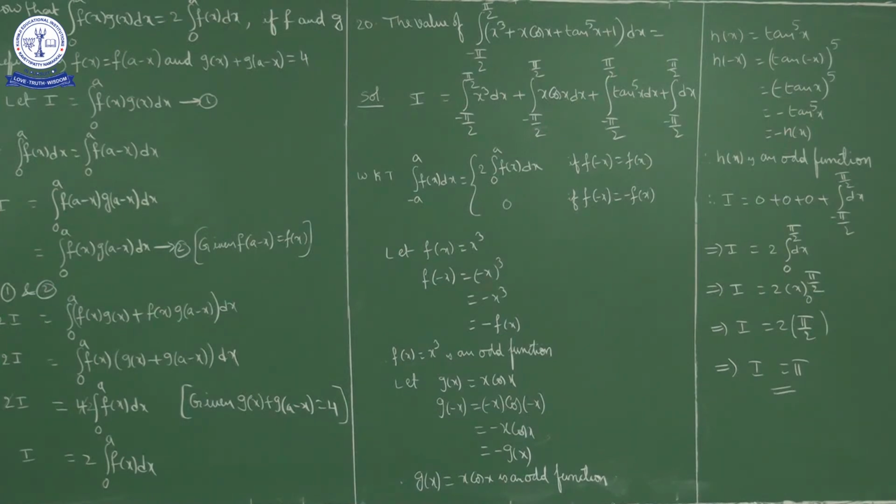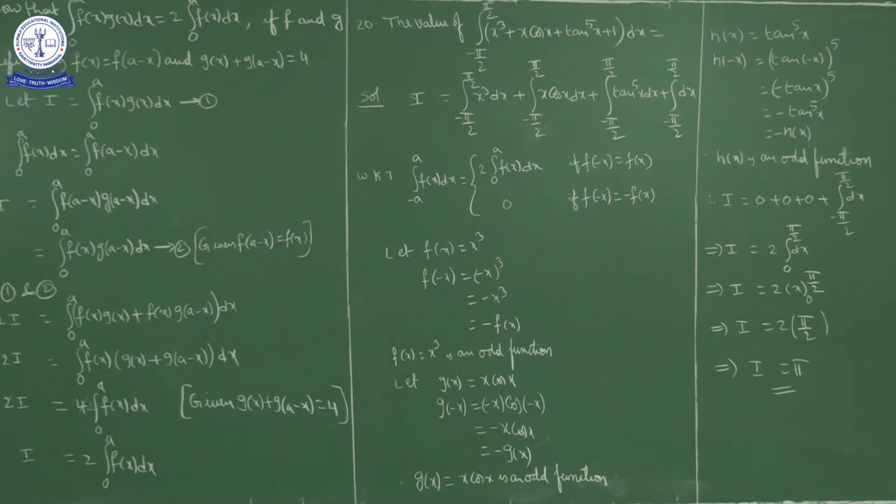Now we have this property: integral minus a to a f of x dx is equal to 2 times integral 0 to a f of x dx if f of minus x is equal to f of x, meaning if the function is even we will use this property. And integral minus a to a f of x dx is 0 if f of minus x is equal to minus f of x, meaning if the function is odd we will write that value directly as 0.